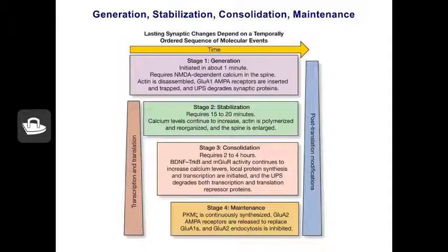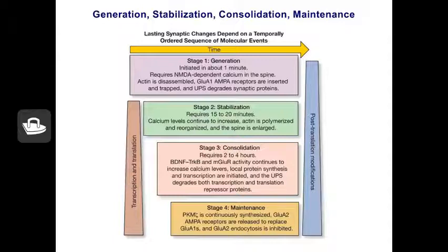But in this 15 or 20 minute time frame, calcium levels continue to rise as calcium-induced calcium release is triggered by the NMDA receptor mediated calcium influx and by the actions of BDNF, overall impacting ryanodine receptors in the endoplasmic reticulum of the spine.